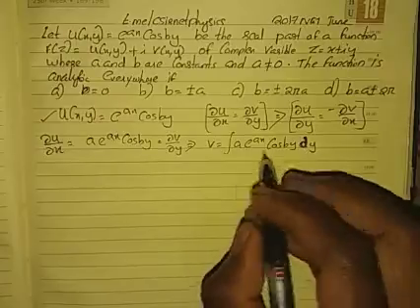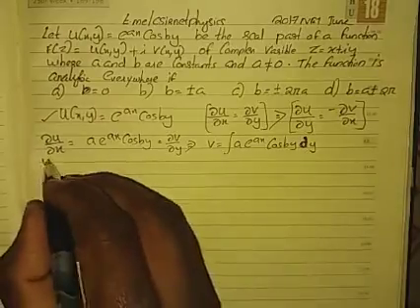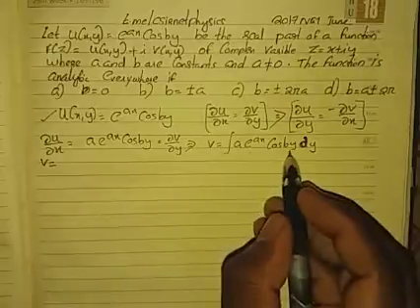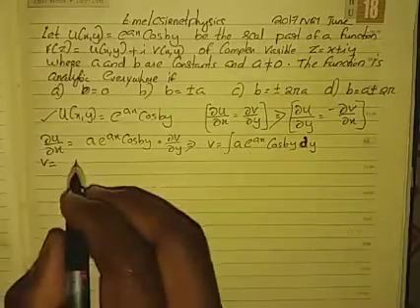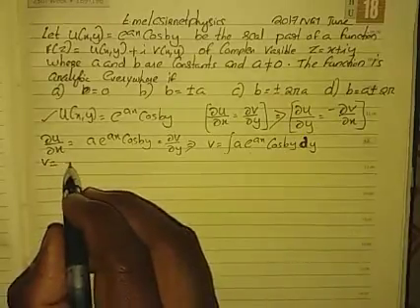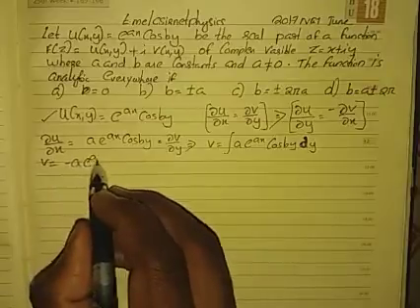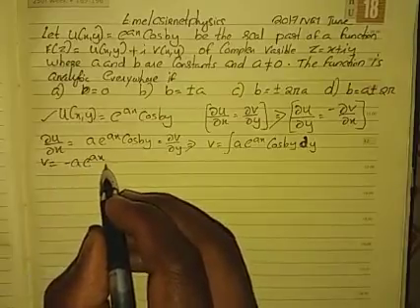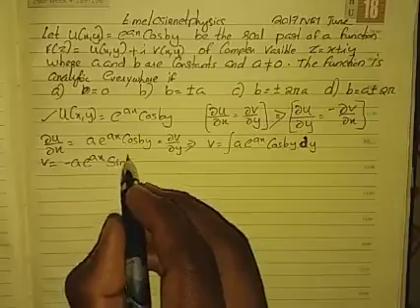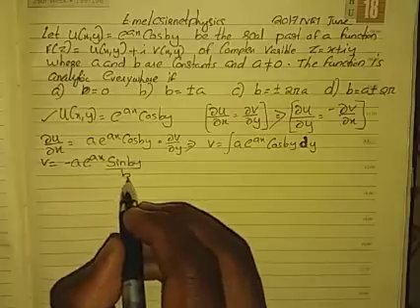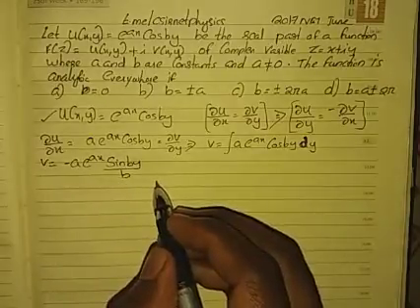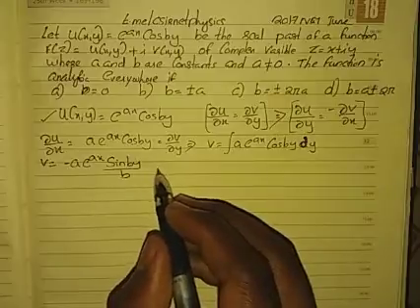You can integrate cos by and get sine by divided by b, so v is equal to a e raised to ax sine by divided by b, plus some constant.